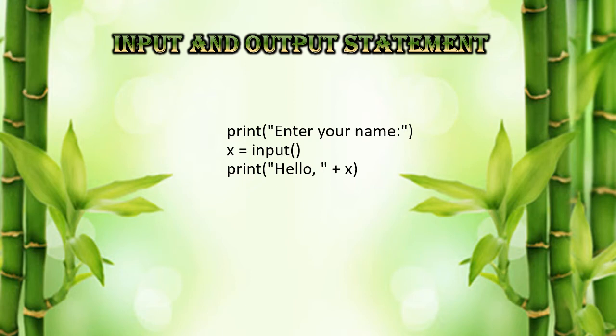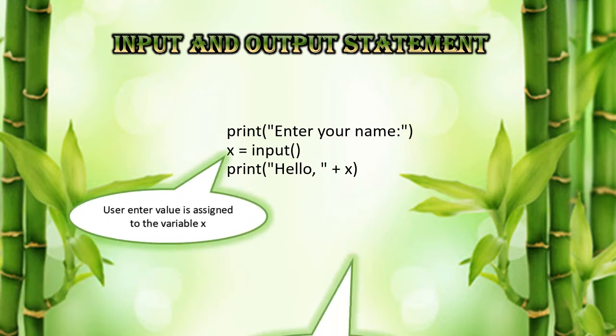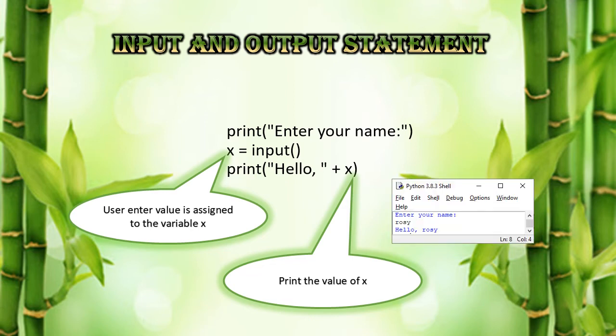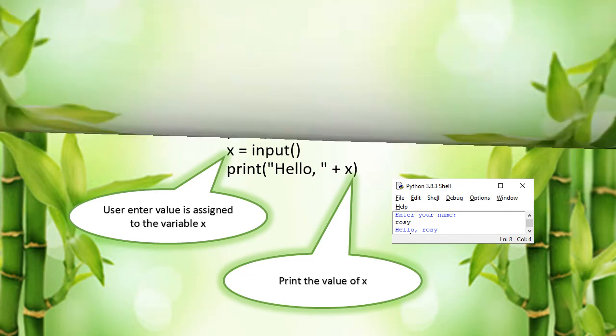So x equal to input is used to give the value. When we run these three statements, first it asks to enter a name, we give the name, and it is assigned to the variable x. Next it is printed with hello. For example, if I give Rosie, it prints hello Rosie.